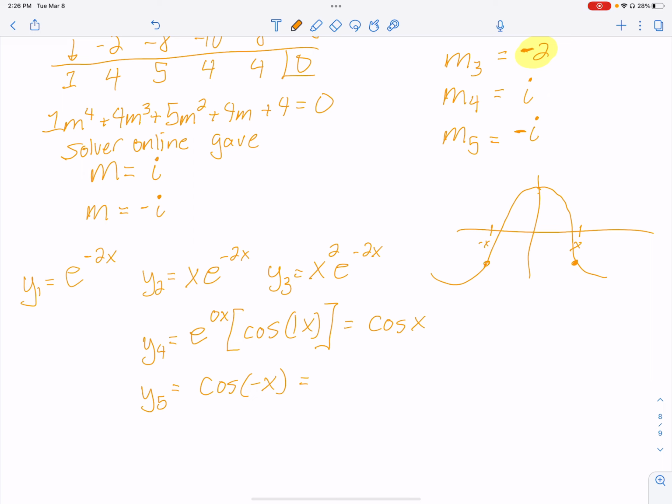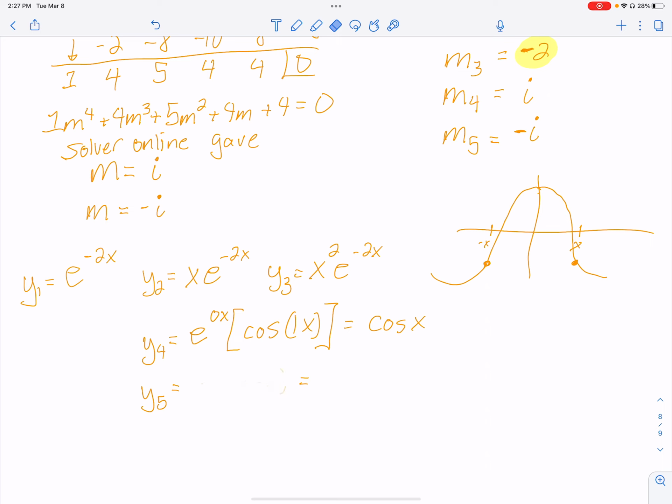Well, it would get me the exact same thing. It's repeated. So y4 is going to be cosine x, but y5, oh, it shouldn't be a cosine. There was my mistake. I was like, wait, why is it the same? Okay, this is actually a sine.